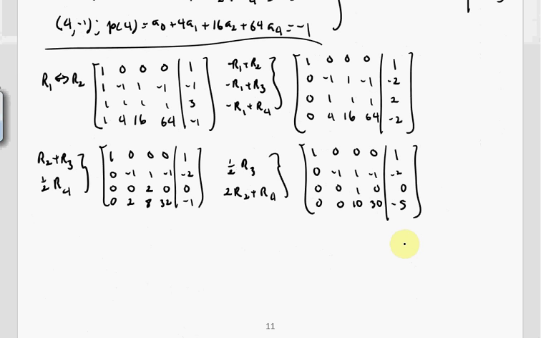I think we have enough to really solve. You can simplify it a little bit more if you want. I'm going to say negative row 3 plus row 2. I'm going to get a 0 there. And then divide row 4 by 5.